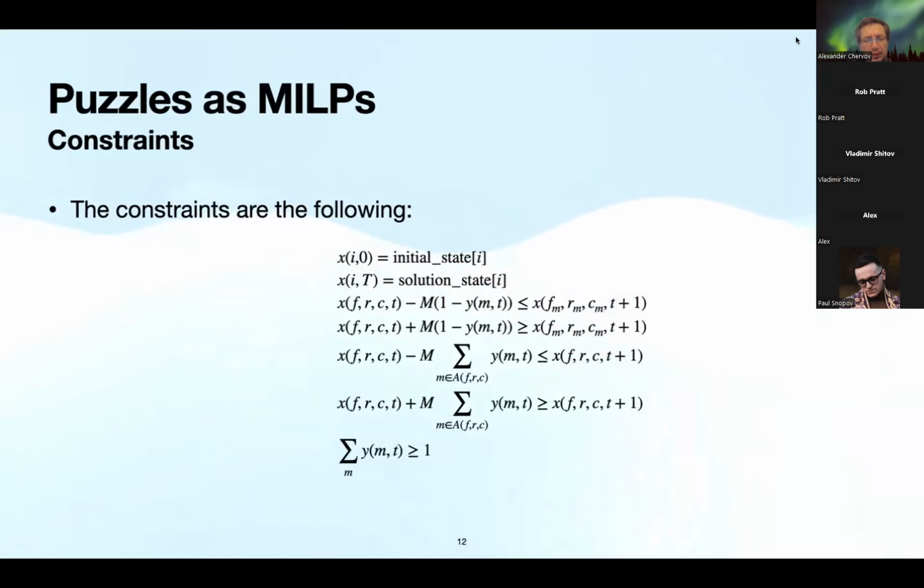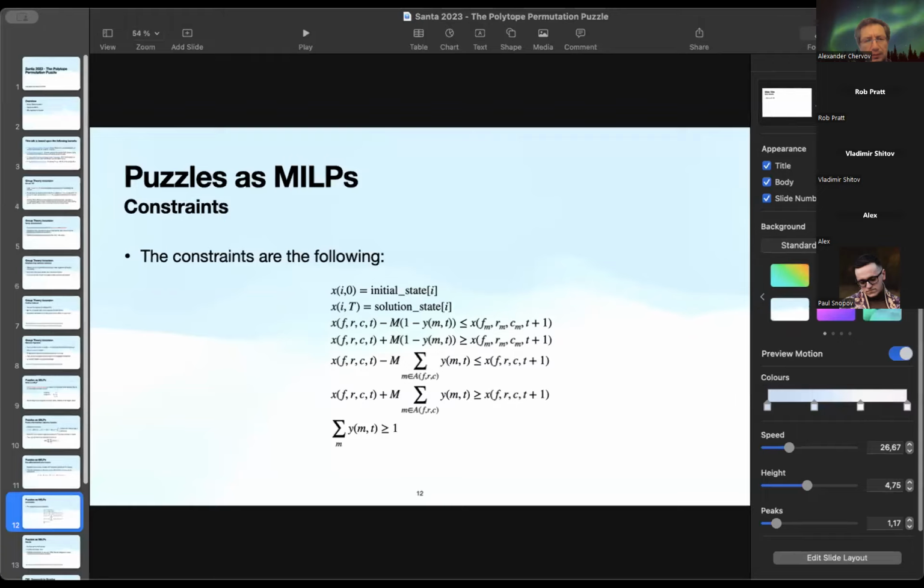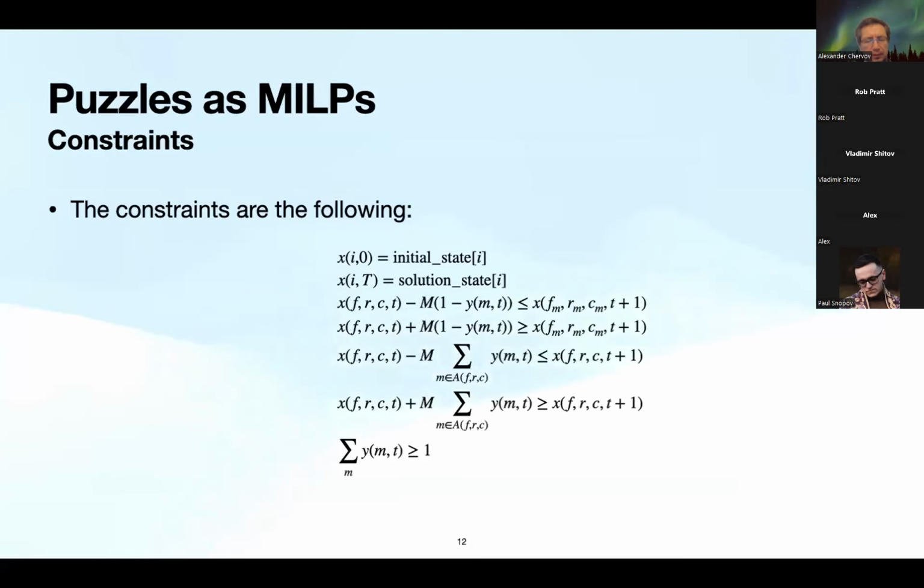So if we look at the third and fourth constraints as a pair, as Paul mentioned, if y of m, t is 1, then the part with the big M cancels out, and you have less than or equal to and greater than or equal to, so you get the equality that he described. On the other hand, if y of m, t is 0, then by the choice of big M these inequalities are redundant, so they don't enforce anything.